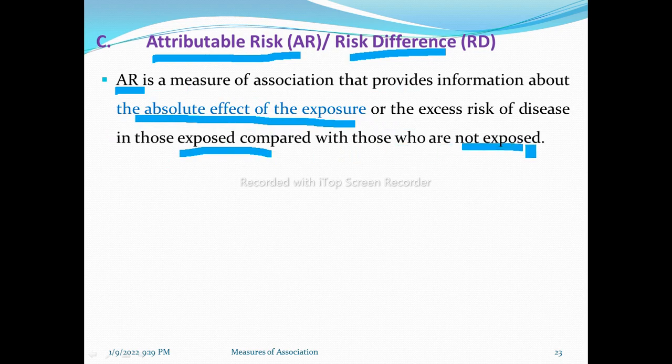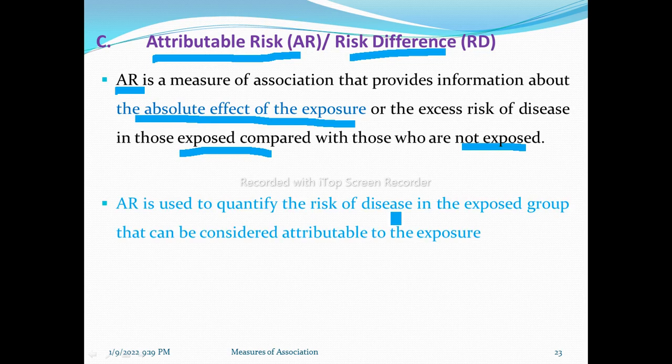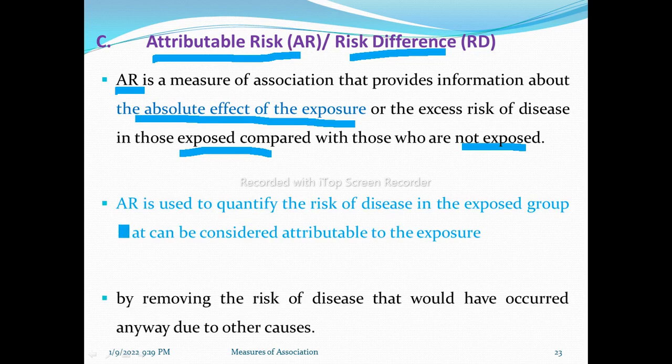So attributable risk measures the absolute effect of exposure or the excess risk of disease in those exposed compared to those who are not exposed. Attributable risk is used to quantify the risk of disease in the exposed group that can be considered attributable to exposure.